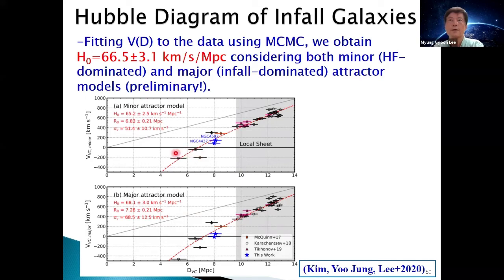So this part is inside the Virgo cluster, and outside this, they are following mainly a Hubble flow, although they are affected a little bit by the infall motions. So if you fit the models to this data, you derive the red dashed line. The model fits the data very well. So from this fitting, we derive the values of H0, as well as R0 and M, and other parameters.